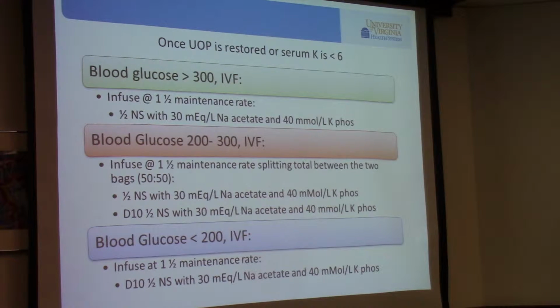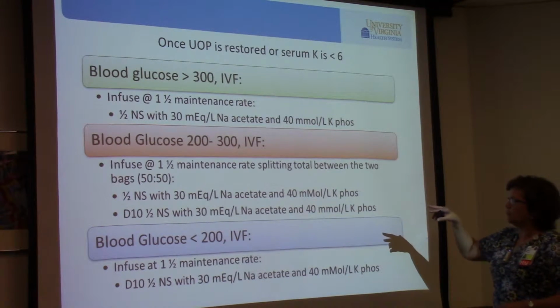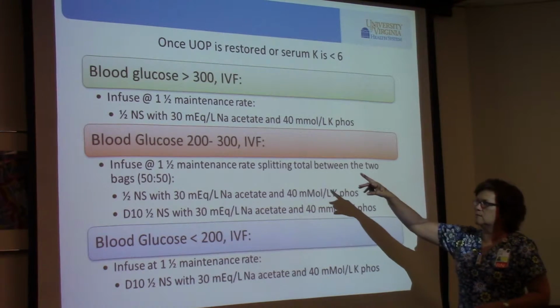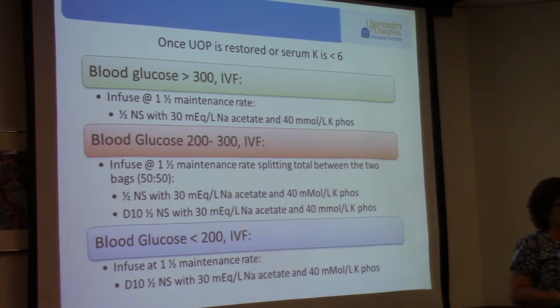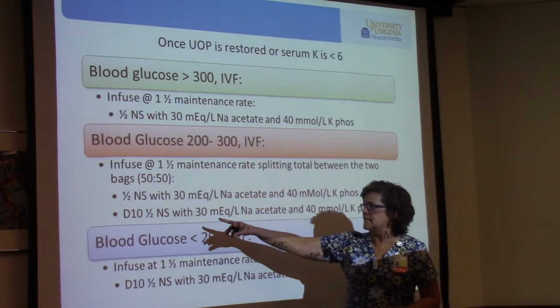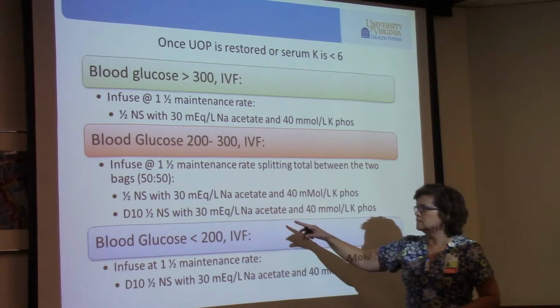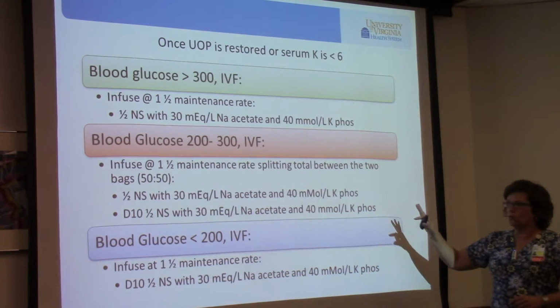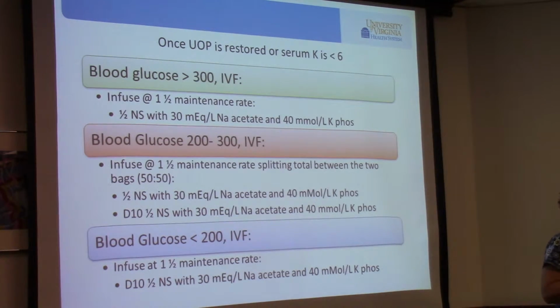And then you're doing your hourly checks, your AccuCheck, and your chemistries, and your venous gas. And then you find out that their blood glucose gets below 300, but still within the 200 to 300 range. Then you're going to add a bag of fluid, which is going to be your D10 with the same additives, okay? So I know that may not make perfect sense right now, but it will when we talk about the case review.